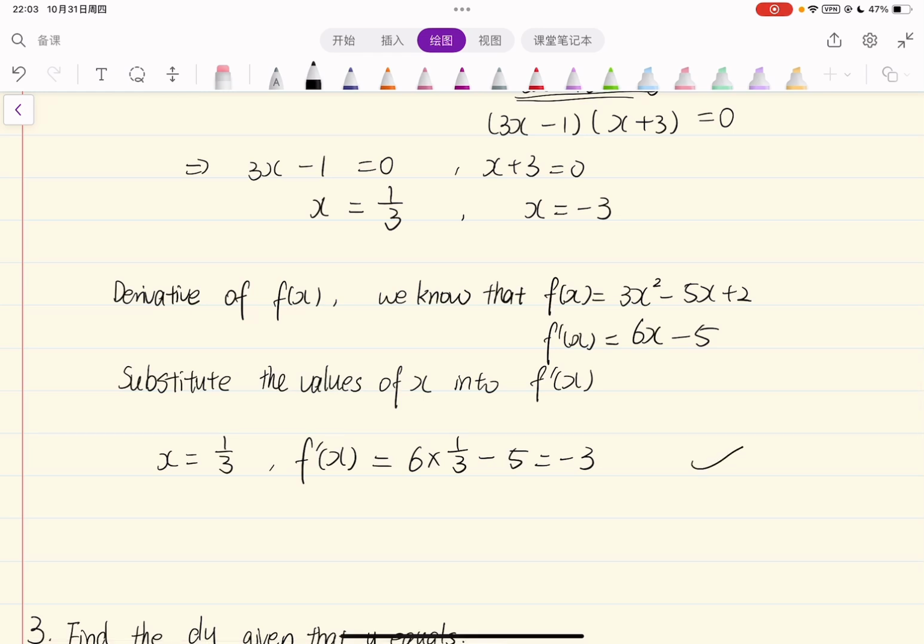This is the first gradient, and when x equals negative 3, the derivative of f(x) equals 6 times negative 3 minus 5 equals negative 23.